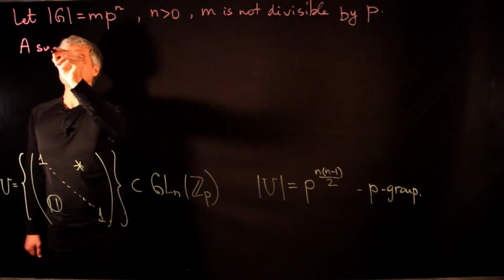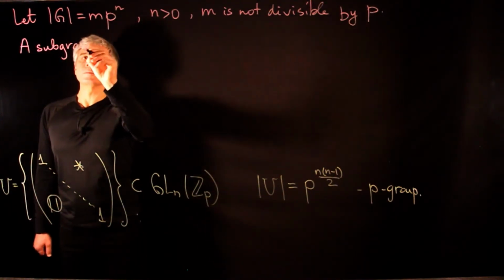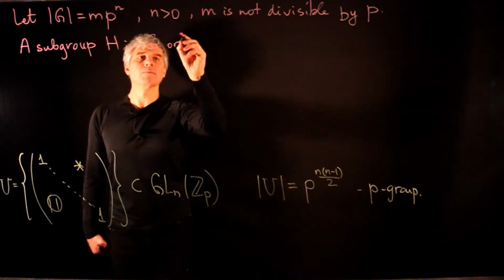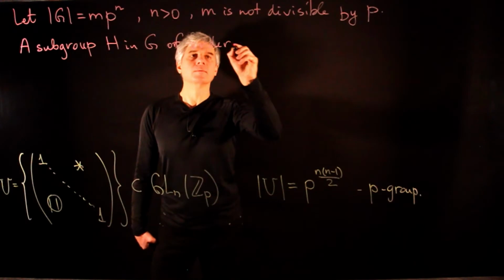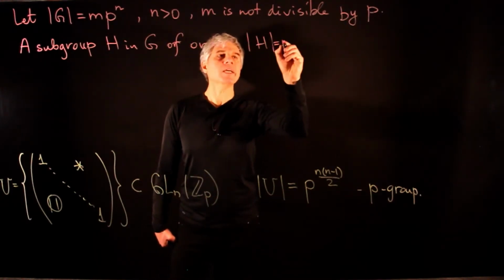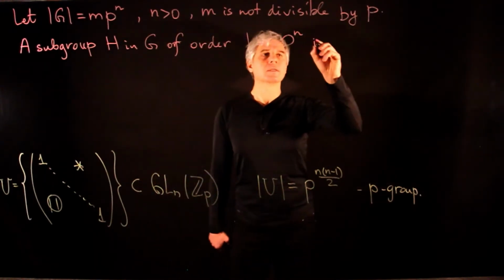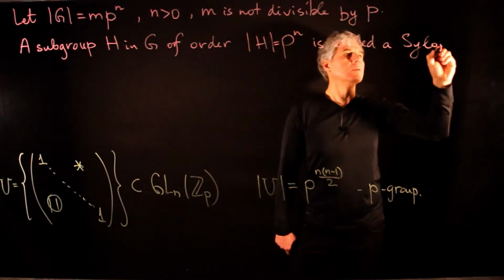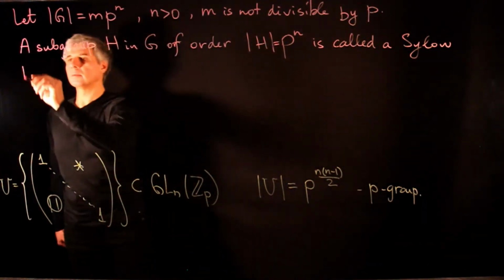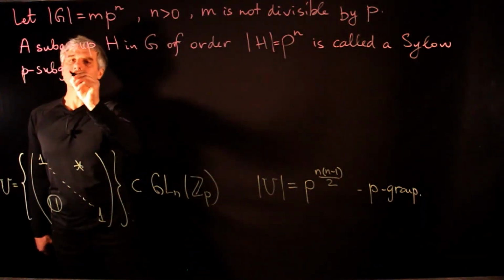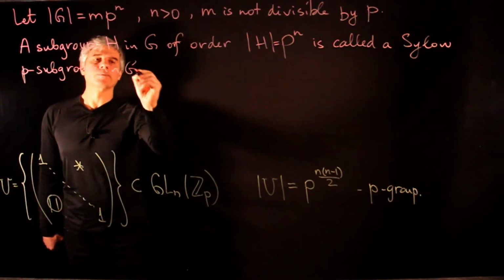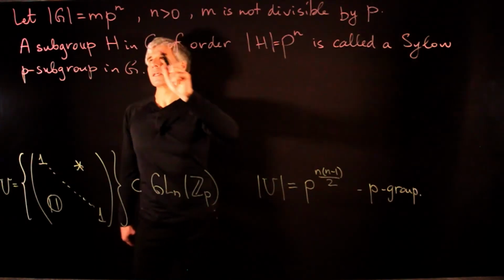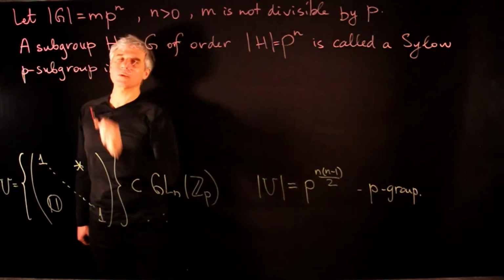A subgroup H in G of order p to the power n is called a Sylow p-subgroup in G. We know by Lagrange's theorem that the order of any subgroup is a divisor of the order of the group.